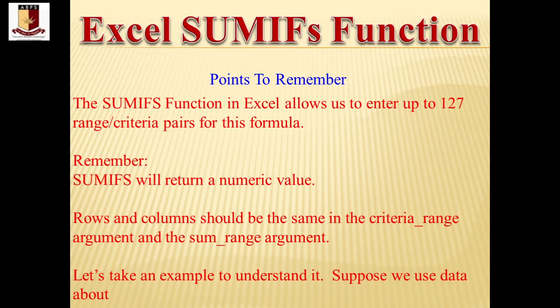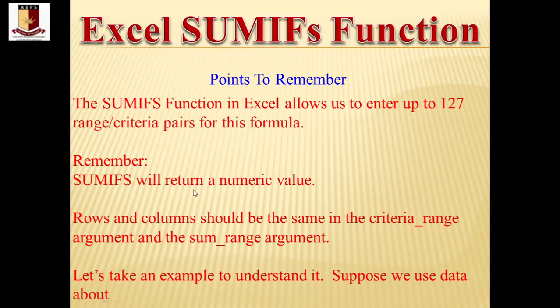Now, what are the points you have to remember while using this? As I said earlier, I'll tell you how many conditions you can apply. The SUMIFS function in Excel allows you to enter 127 range criteria pairs, but I don't think 127 conditions are actually required. Mostly two to three conditions are sufficient.